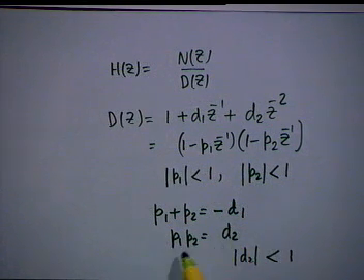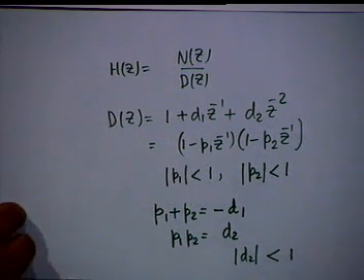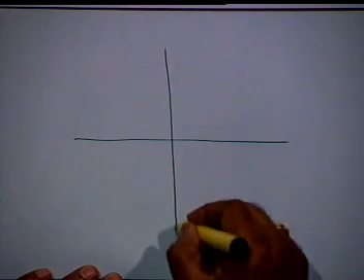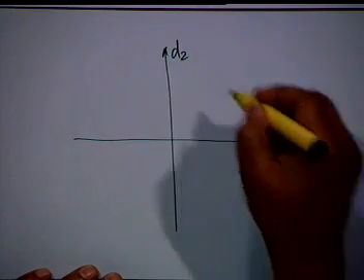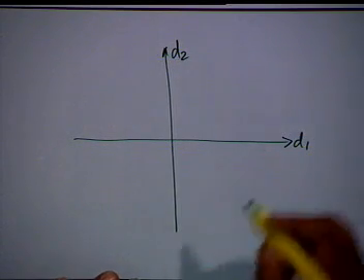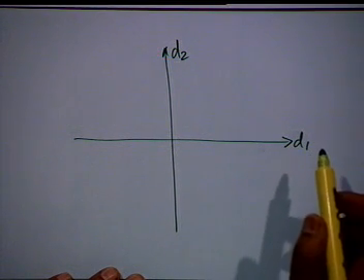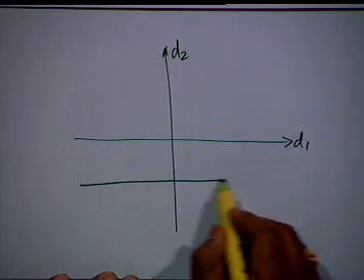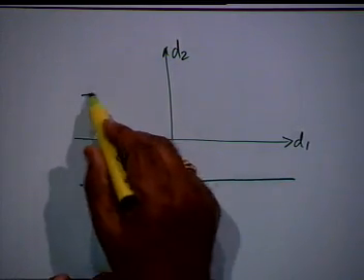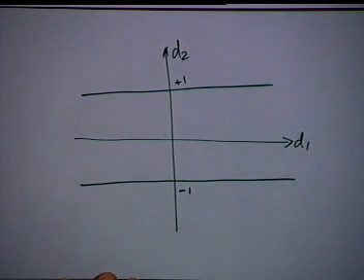Because the magnitude of d2 is simply the product of the magnitudes of p1 and p2. It should be less than 1. In other words, in a parameter plane, that is, if we plot d2 versus d1, then magnitude d2 less than 1 means d2 should be confined between minus 1 and plus 1. Agreed? Minus 1 and plus 1.